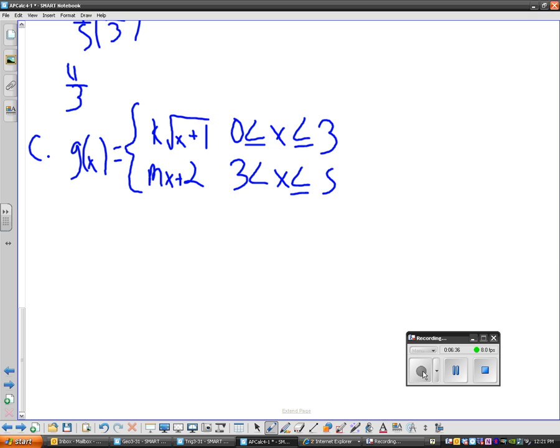And it says k and m are constants, and it asks us to find the values of k and m if g is differentiable at x equals 3.